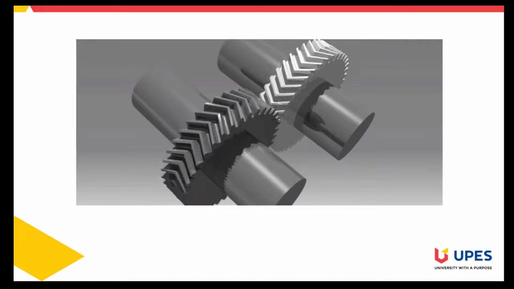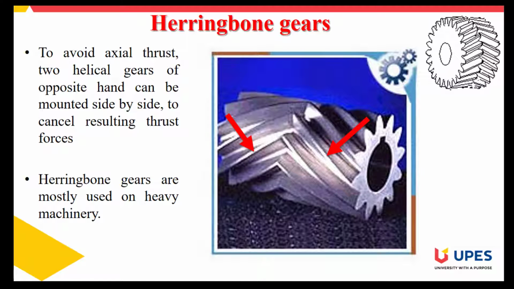Therefore, to avoid this axial thrust, you can use this sort of combination. Again, look here: to avoid axial thrust, two helical gears of opposite hand can be mounted side by side to cancel the resulting thrust. You can see the arrow which I have shown, this is the direction of the normal force, and now I can make another arrow over here.